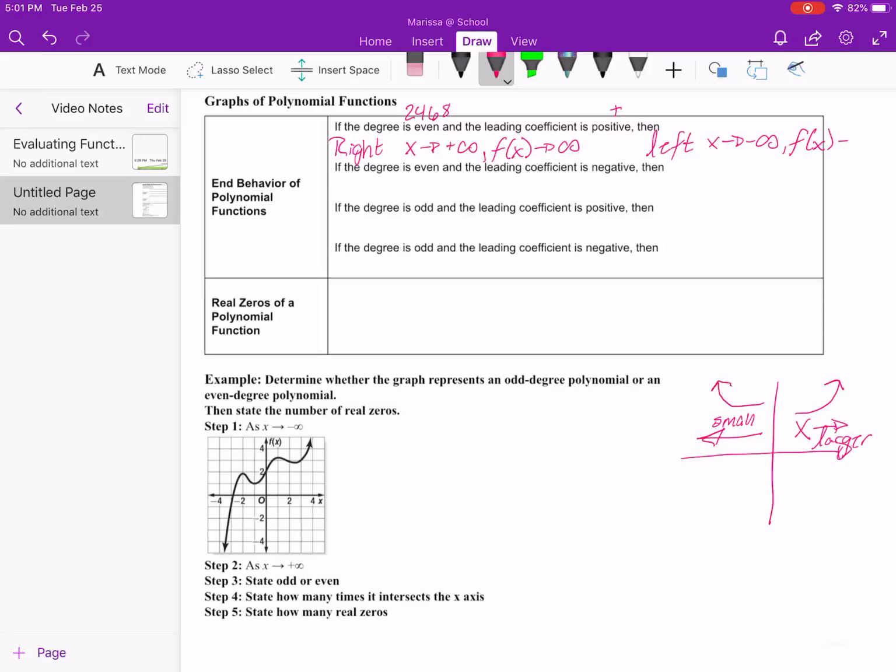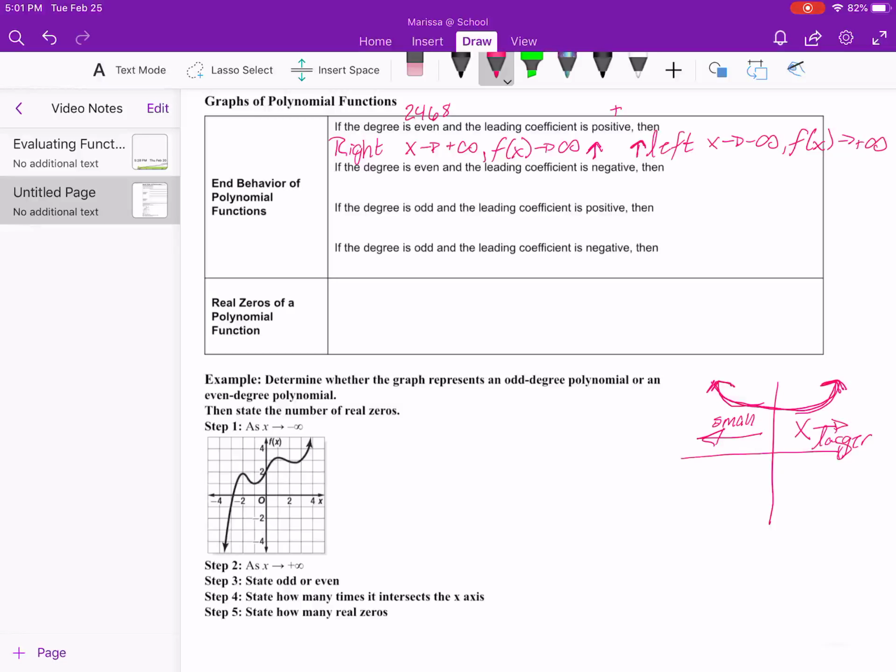If I was to draw a function that is even, it might look something like this. Notice both of our arrows are pointing in the upward direction. The arrow on the left is also pointing upward. Okay, let's move on to the next one.